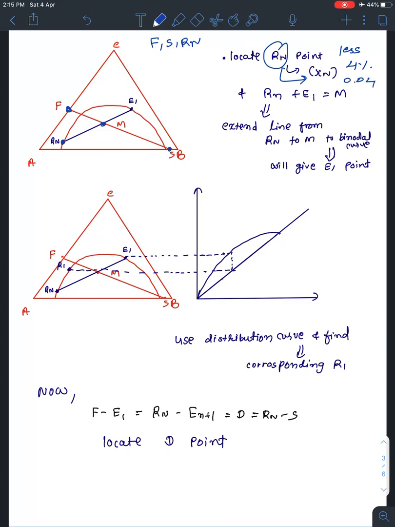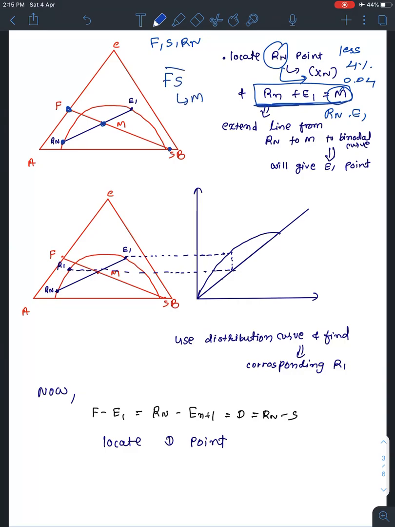That is why it is somewhere over here. And again we know the material balance: Rn plus E1 is equal to M. So definitely this M point should be on this Rn and E1 line, but this M point is already available with us from the FS line.